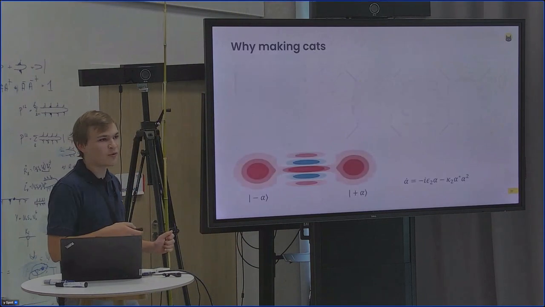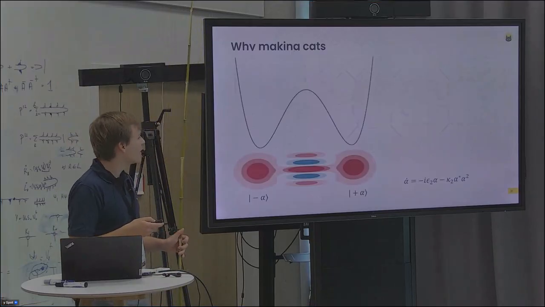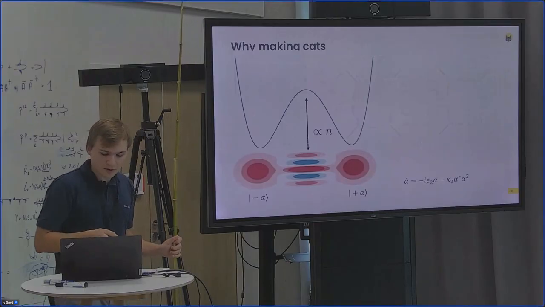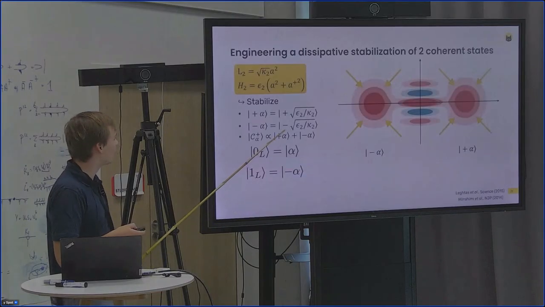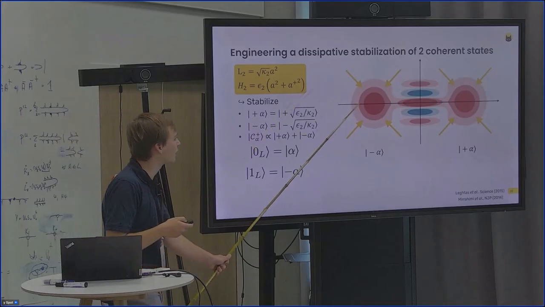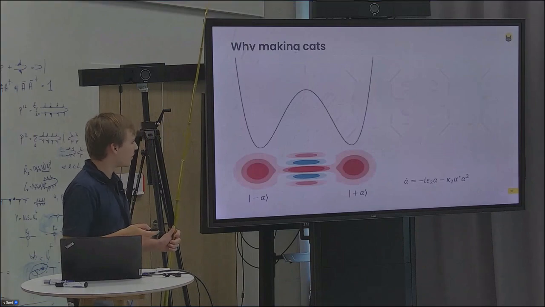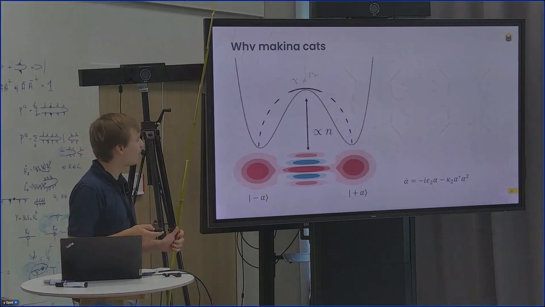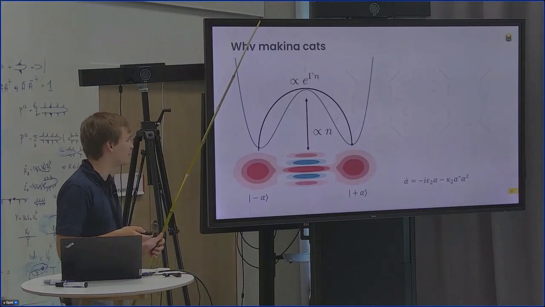Okay, but why do we bother doing all this? The idea is that when you build your cat qubit, you have control over this alpha, because alpha is just given by the square root of the drive over the dissipation. So if you drive more strongly, you will be able to stabilize a state with a larger alpha, so basically something further from the axis, on the x-axis. And by doing so, you see that the probability of bit flips occurring in your system will decrease exponentially with alpha.